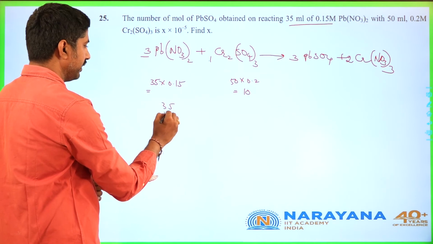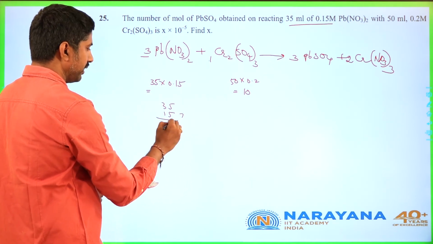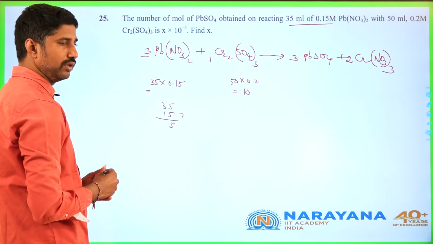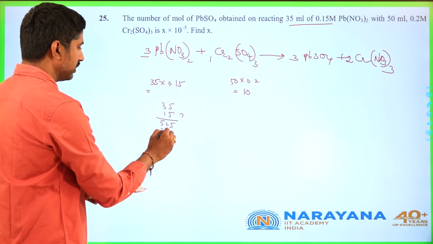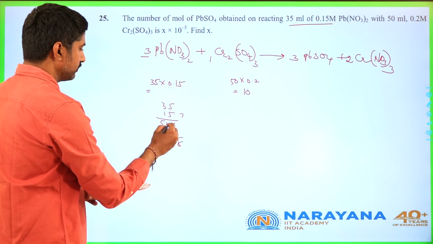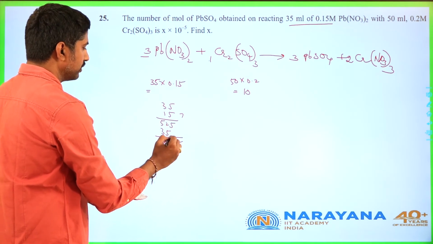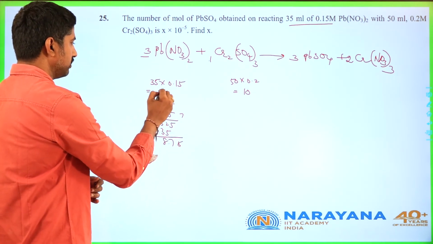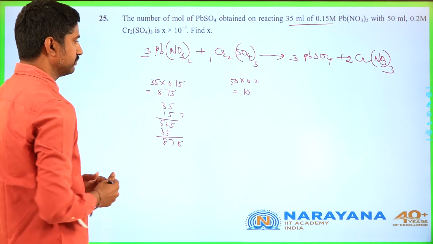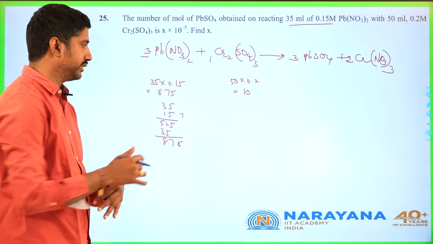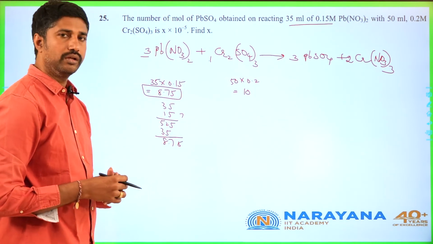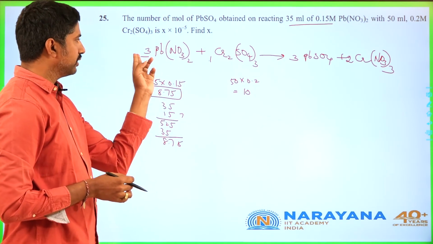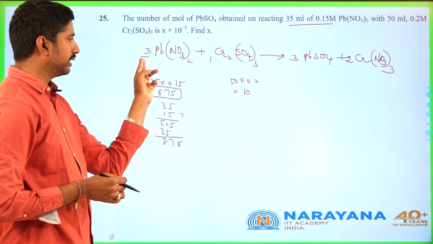35 into 0.15: 15 fives are 75, 15 threes are 45, plus 7, 52, and we can write here 5.25, so 8.75. So which is the limiting reagent? We can say this is the limiting reagent, because we know that 3 and 1 and 10 means 30 it should be.